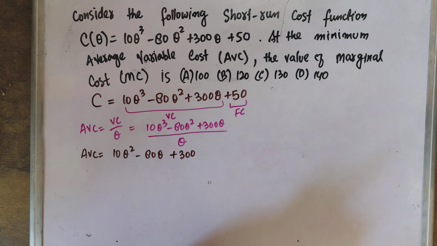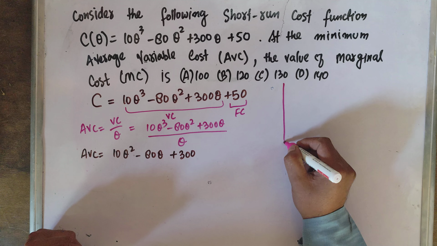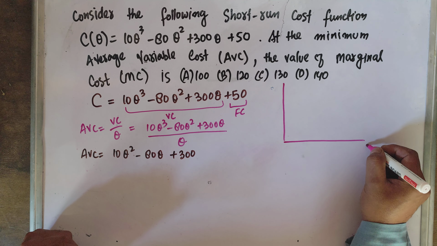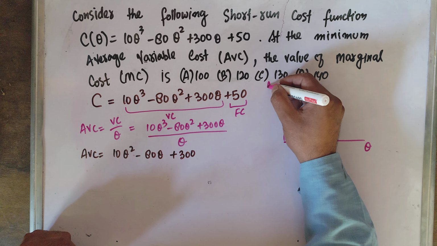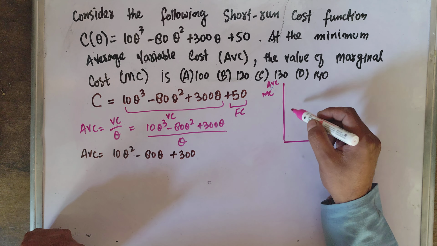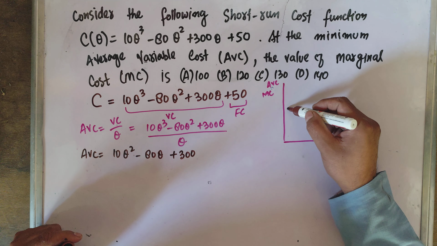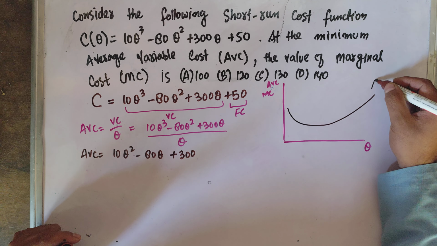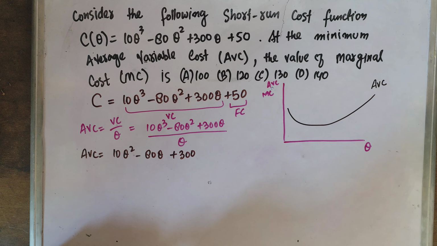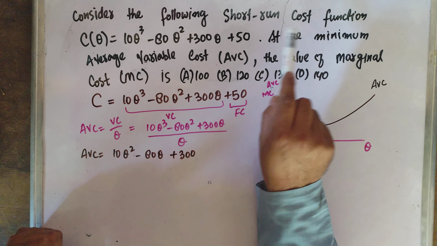Let us draw it graphically to make it more clear. We have output on the horizontal axis, and average variable cost and marginal cost on the vertical axis. Let us say this is our average variable cost, and let's draw it like this. We have to first find out the minimum of AVC.